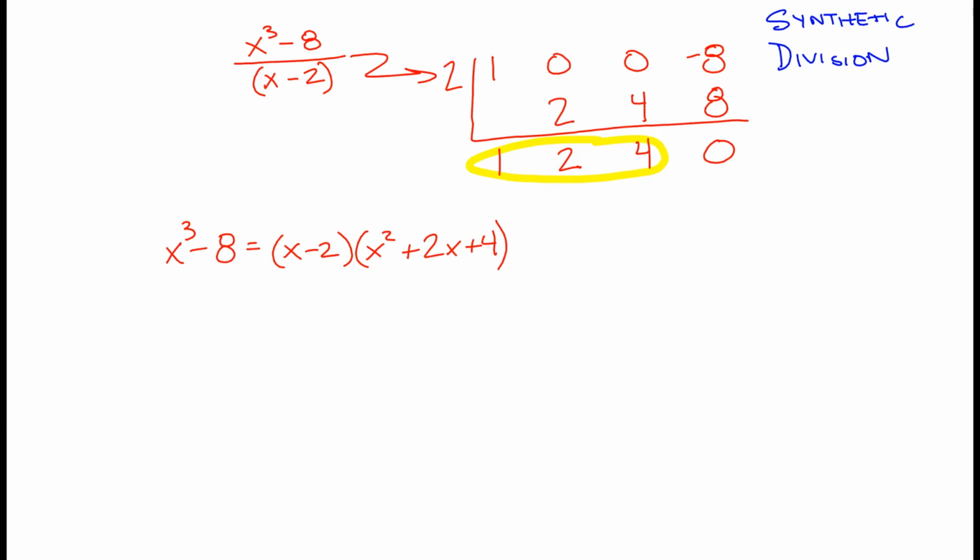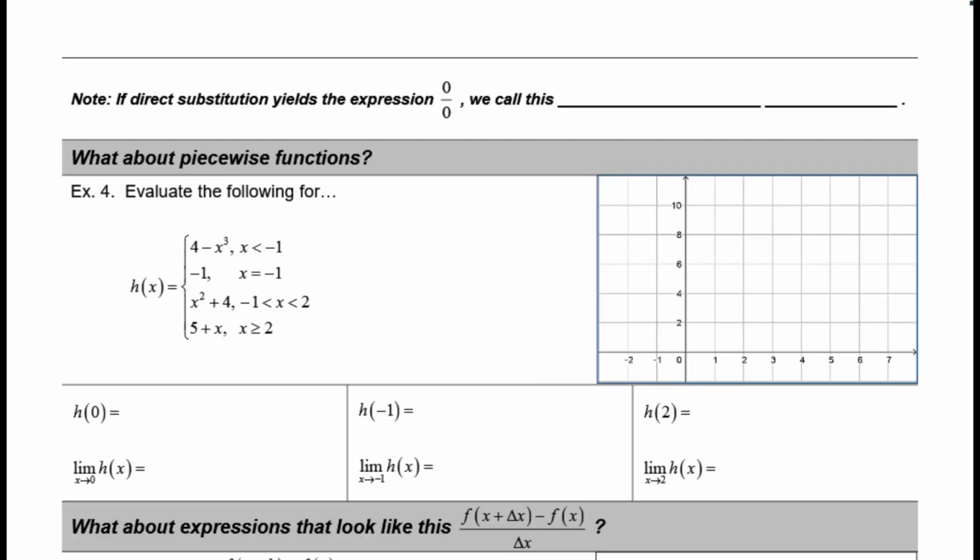Well, that 0 divided by 0 has a name, and we're going to call that indeterminate form. And why do we call it indeterminate form? Because we cannot determine the limit from this form. It's indeterminate. So anytime you get 0 divided by 0, we've got to do a little work to determine what the limit is. Okay, we're going to shut it down now and finish off these notes in a second part of the video.